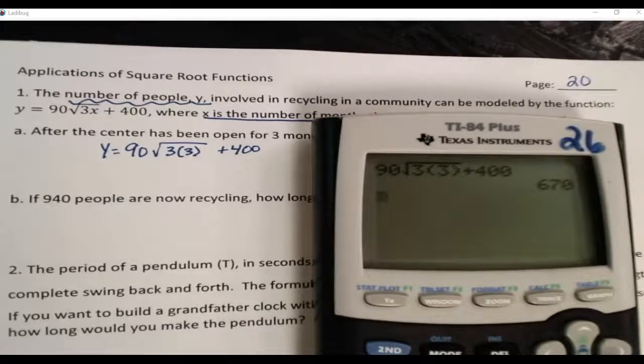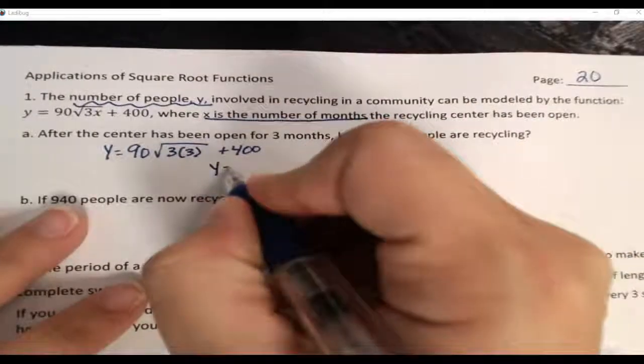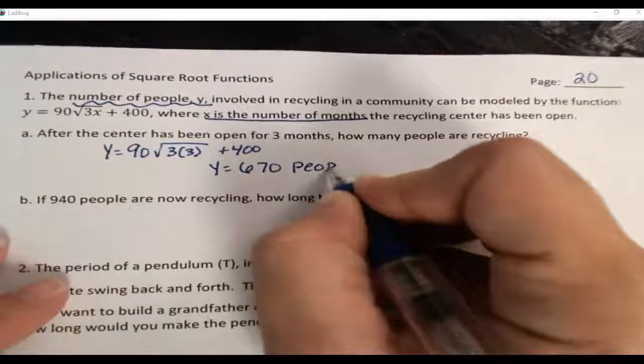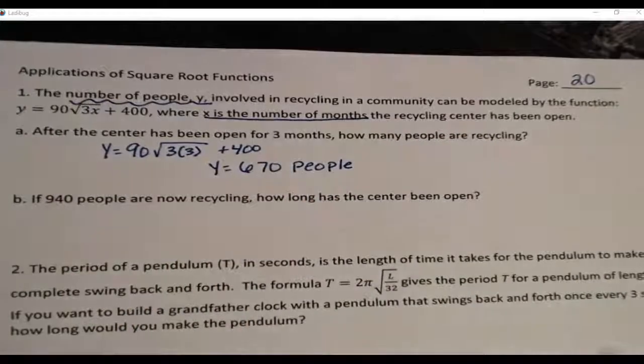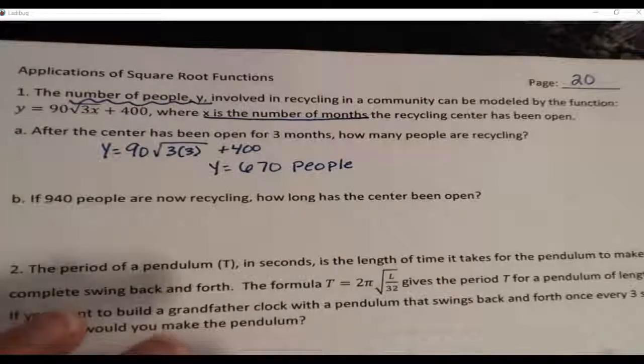So we get 670 people. And that's it. Any questions on that?